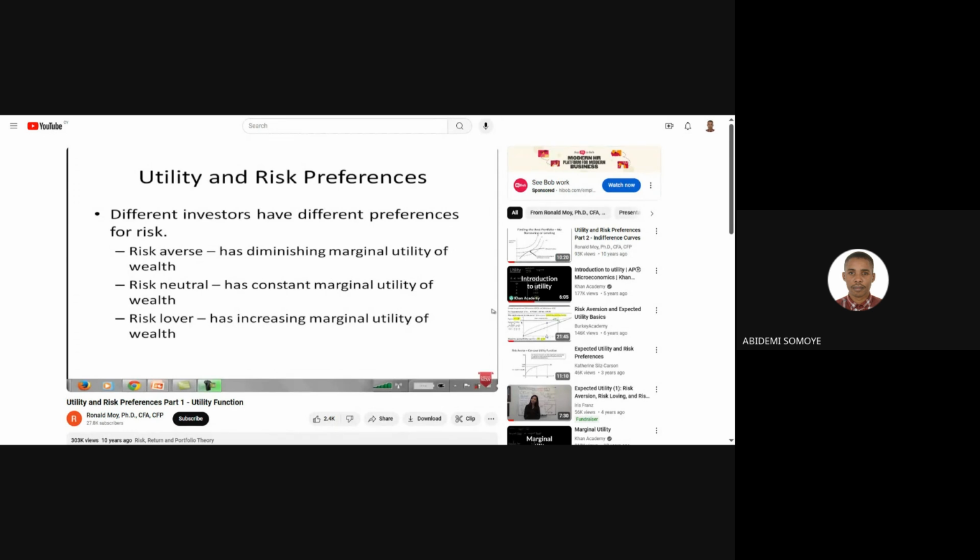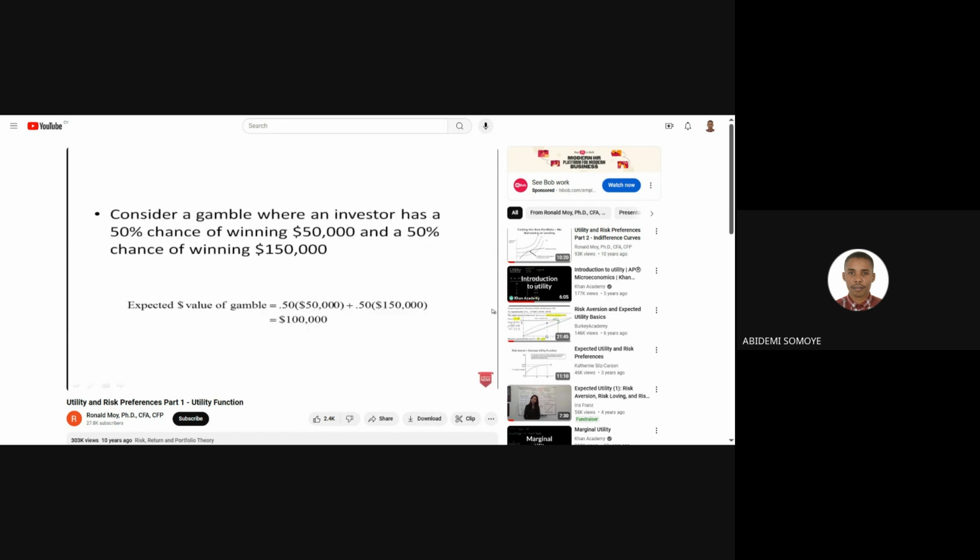So let's take a look at an example. It might be easier to understand and explain this. Consider a gamble where an investor has a 50% chance of winning $50,000 and a 50% chance of winning $150,000. The expected dollar value of this gamble is just the expected value of these two possible outcomes.